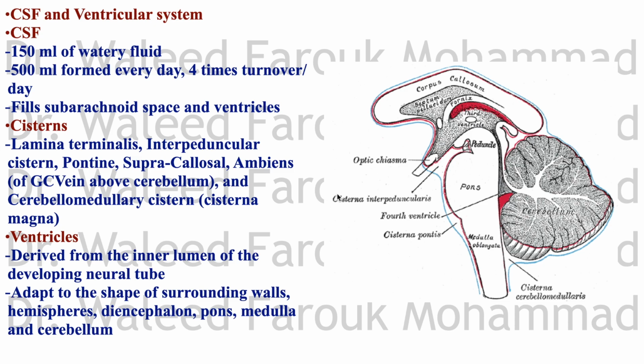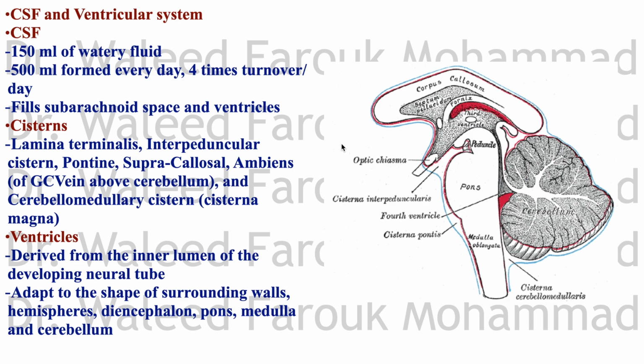Examples of such cisterns: the interpeduncular cistern, the supracerebellar cistern, the cisterna magna between the cerebellum and the medulla, the supracallosal cistern. All are collections of CSF because of the potential spaces formed by the arachnoid.